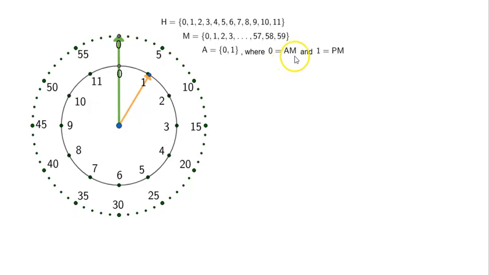So let's say 0 represents AM and 1 represents PM, which means A is equal to the set of two numbers, 0 and 1. Now we are going to focus only on the set H, which represents the hours in our clock.